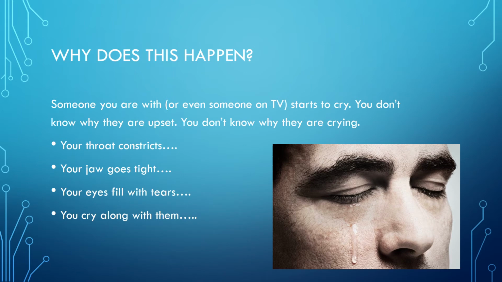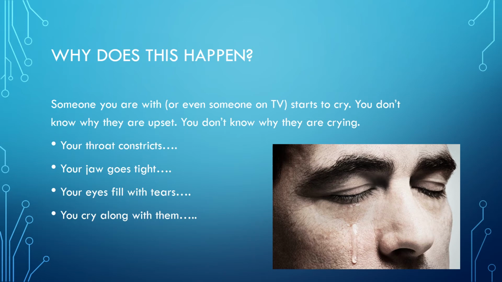And in fact, there are times when we have physiological reactions and actually we don't have very many cognitive processes go with them. You can be with somebody, or even if there's somebody on TV and they start to cry, and you haven't got a clue why they're upset, you don't know why they're crying, but you can feel it coming on.